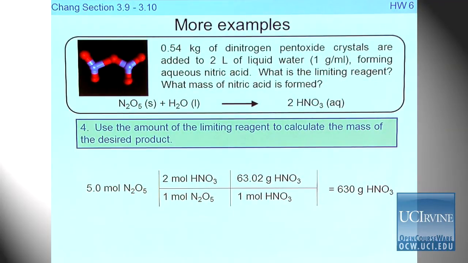In this case, the answer is 630 grams of nitric acid. So in this case, that's the end of this question. Okay, so recognize the flow in these kinds of calculations. You do the same thing over and over again. Be sure you can make these conversions.